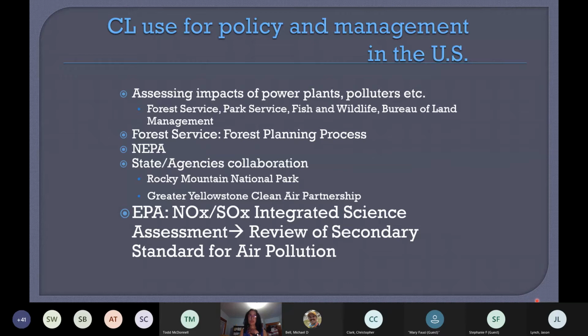They're used in the forest planning process. They're used in the NEPA process, and they're used in collaborations, for example, here with Rocky Mountain National Park, and with local or regional organizations. And most significantly, they're used by the EPA in their review of the NOx/SOx impacts to determine whether a secondary standard for air pollution would be appropriate.